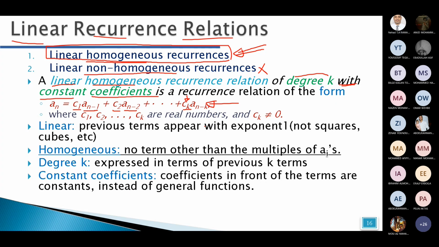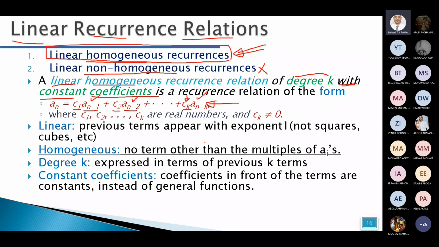What is the meaning of homogeneous? As you can see, all the terms have a. So we have only one variable here, which is a. We don't have more than one variable.